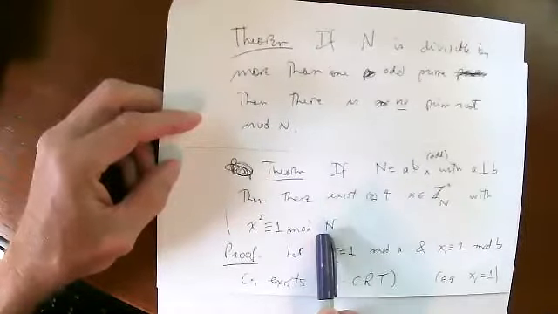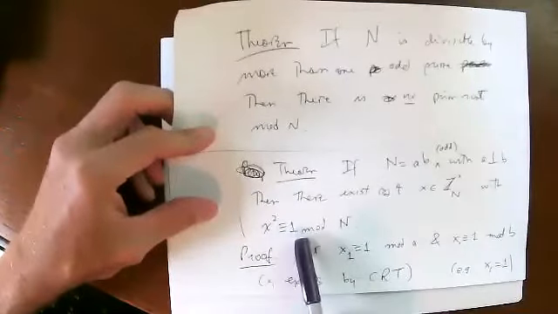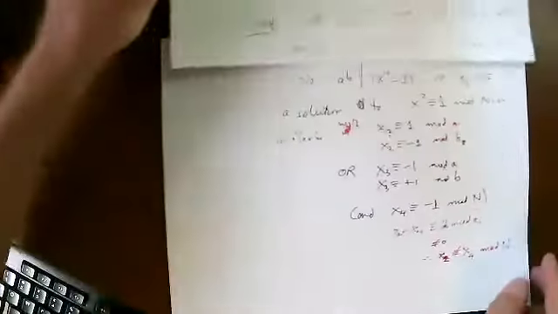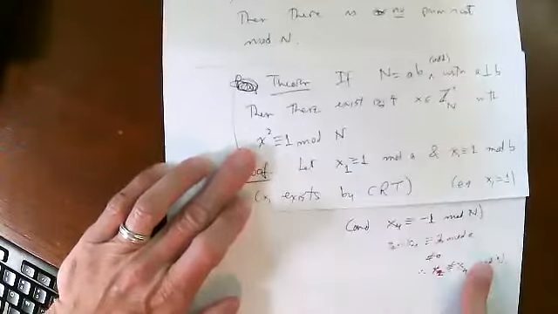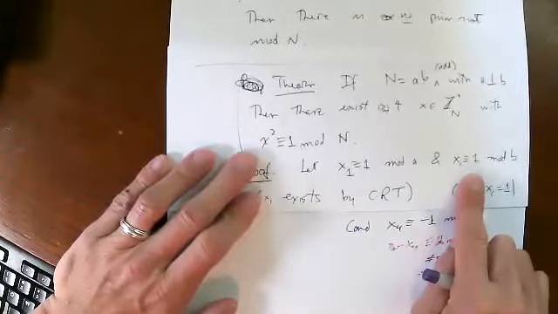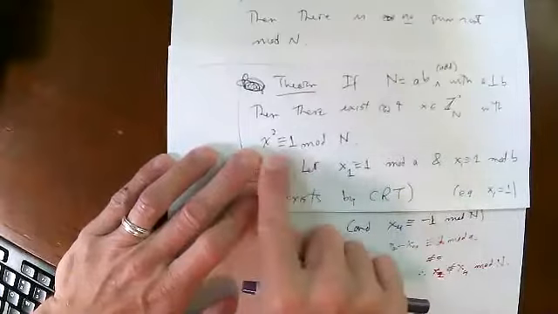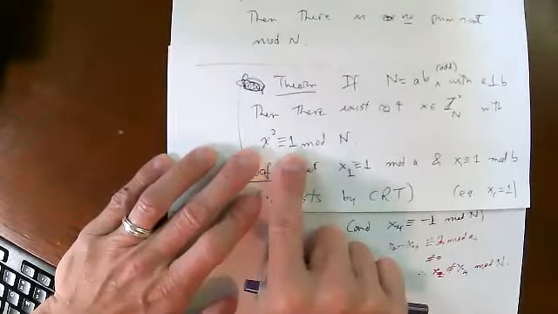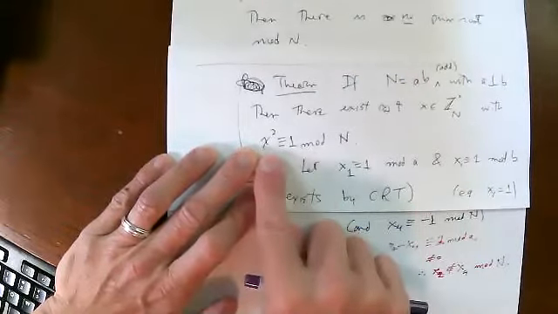This first theorem guarantees that, generally speaking, with a composite modulus, you'll be able to find more than 2 square roots of 1. I will remind you of how this is helpful in factorization. In the proof of this theorem, I manually constructed the 4 roots that I had in mind. If, by whatever randomization technique, you stumbled on any solution to this problem, you already know about x being 1 or minus 1.